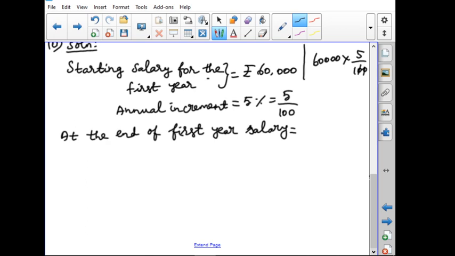So the increment on the salary is rupees 3,000. We add 3,000 to the salary, so the total salary here is 63,000.